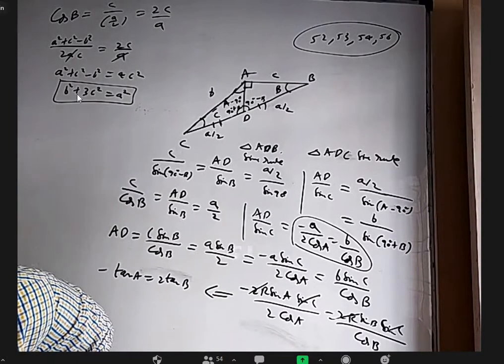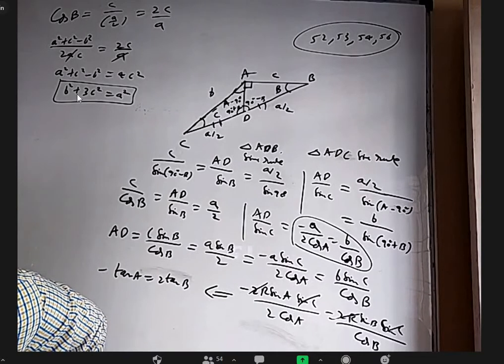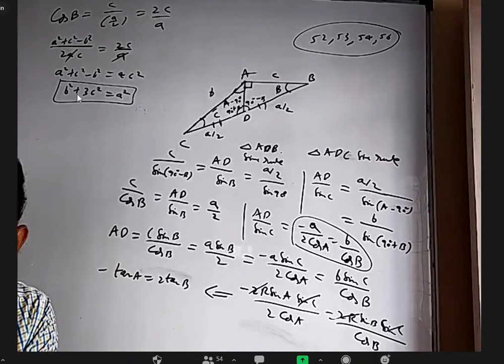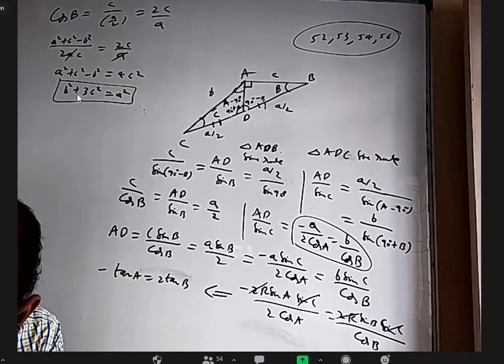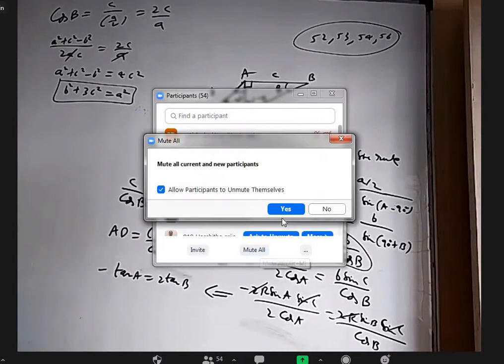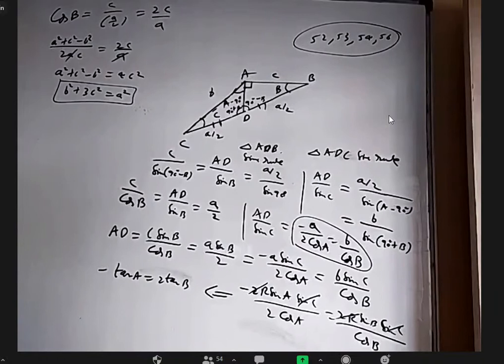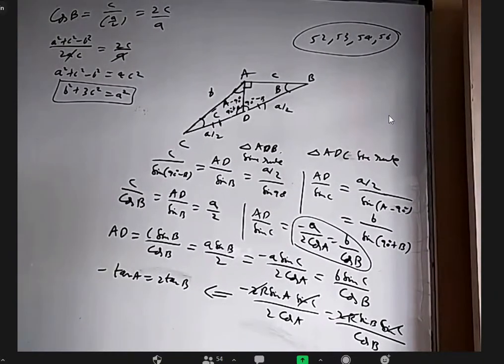All of 53, 54 and 56 had AD perpendicular to AC, but we're done for AB. We'll change the roles of B and C then. Is it okay? Tan A plus 2 tan B equal to 0 for everyone?